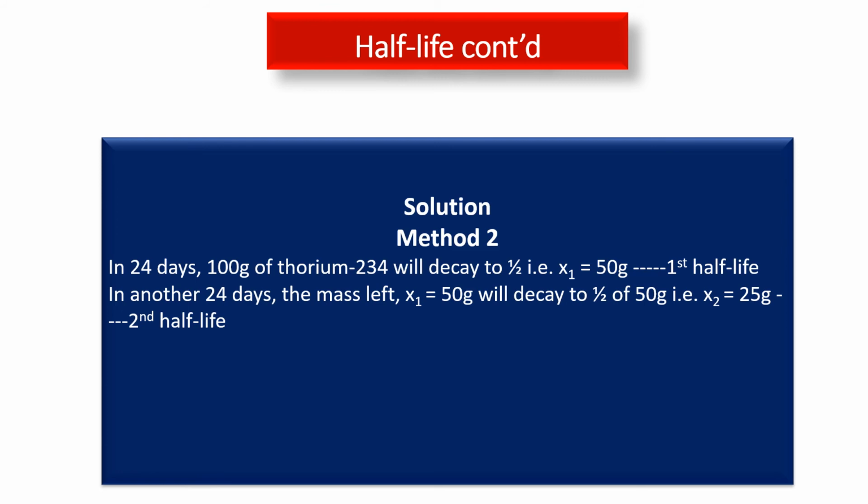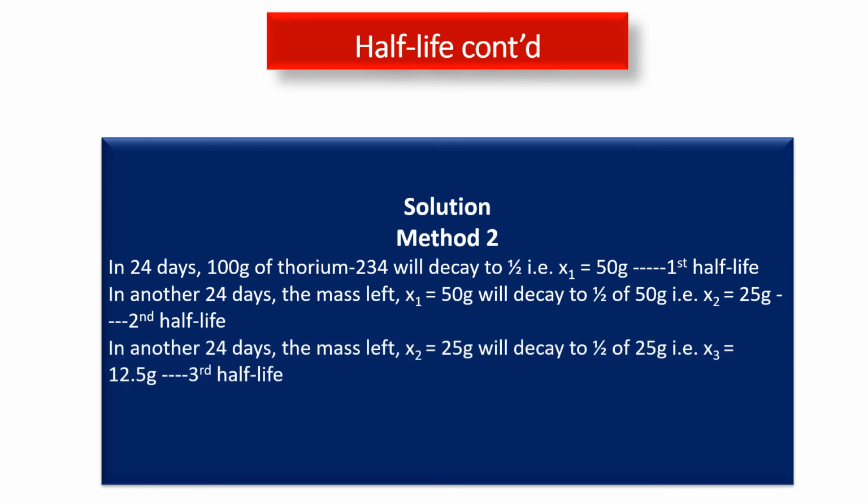And half of 50, all of us know that is 25 grams. I'm sure you are all aware of that. Okay. So that means in 24, that is 48. In 48 days, 100 grams of thorium would have decayed to 25 grams. That is what it means.